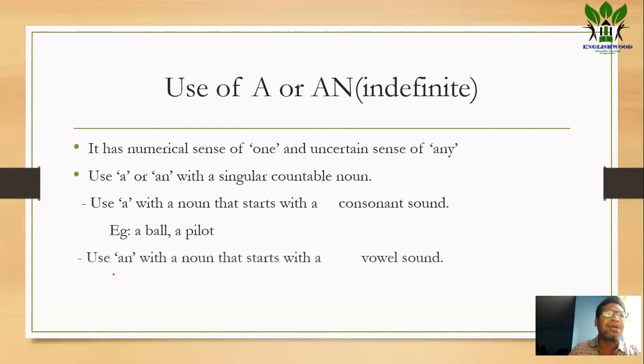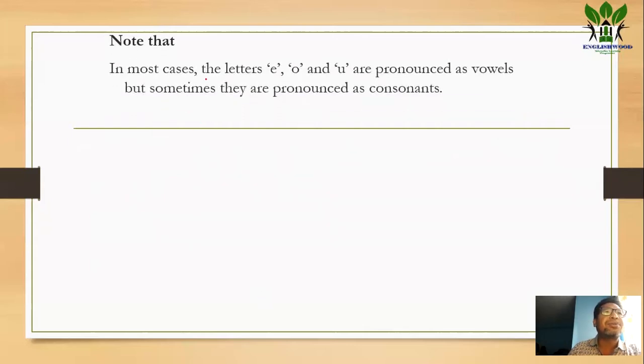But we use an with a noun that starts with a vowel sound, for example, an apple, an umbrella, etc. Note that in most cases the letters E, O, and U, which are basically vowels, are pronounced as vowel sounds. But sometimes not, remember that.